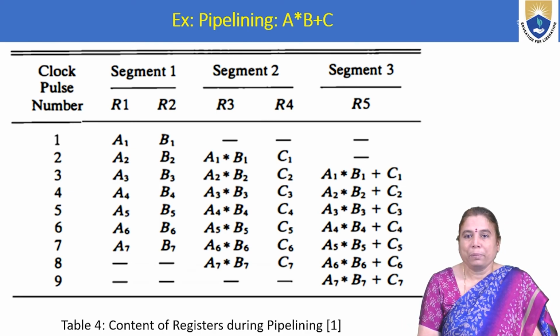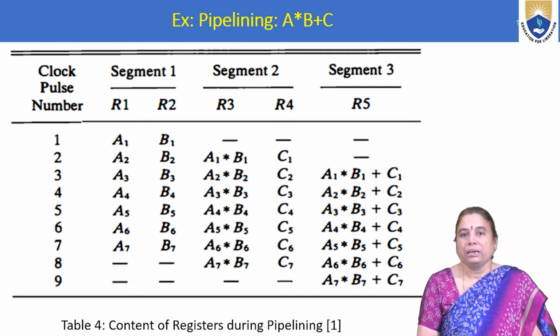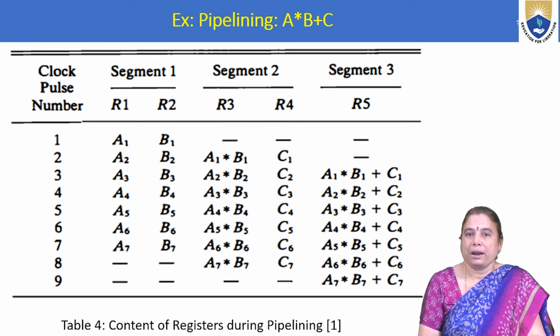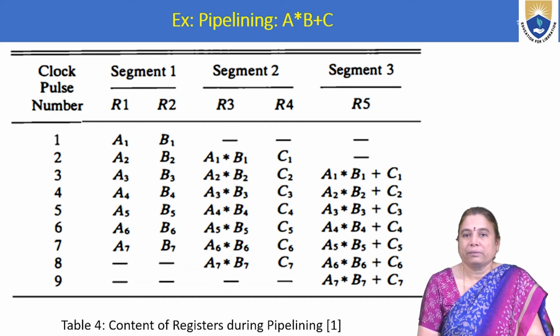So how can the pipelining process be carried out? During the first clock tick, each and every processor activity is initiated and controlled by the clock pulses that are generated by the sequence counter of the control unit.